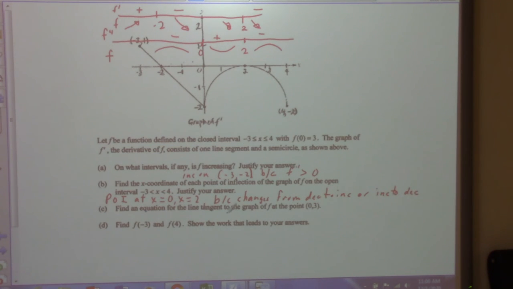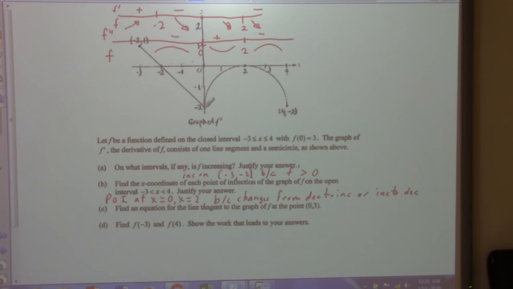Find an equation for the line tangent to the graph of f at the point 0, 3. So here at 0, 3, we are right here.